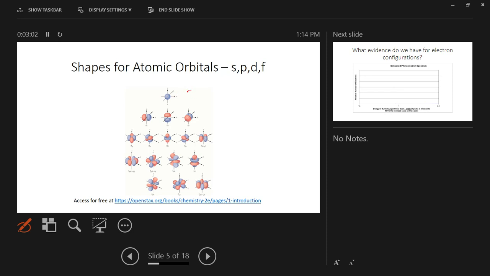We have the s orbitals here, the spherical orbitals, the simplest orbitals. And then you have your p orbitals down here, right? The px, py, and the pz, depending upon how you're orienting your axes. There's three completely equal in energy orbitals on the p level, with the x, y, and z axis.